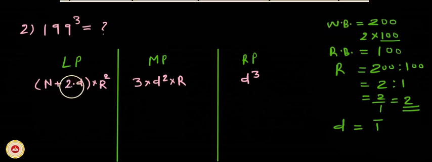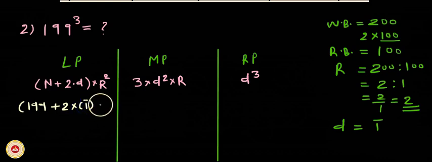Let us calculate the left part first. N plus 2 times D. What is N? 199. 199 plus 2 times -1 multiplied by R squared, that is 2 squared, because ratio R is 2.